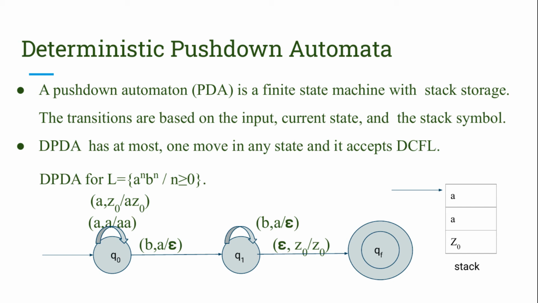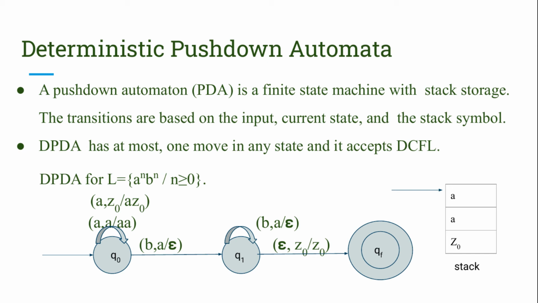This DPDA contains q0, q1 as its non-accepting states, where q0 is the start state and qf is its final accepting state. Let Z0 be the initial symbol on the stack. Consider an input string aabb. The automaton stays in q0 on reading a with the stack symbol Z0 on its top, and pushes a to the stack. Now the top of the stack is the symbol a. On reading the next input symbol a, it stays in q0 by pushing a onto the stack.